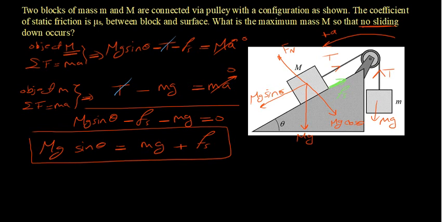Now, I don't know how to find the value or the magnitude of the static friction as it is. So I will go to the y-axis. I can say the total forces on the y-axis equal capital M times a. Again, there is no acceleration on the y-axis.